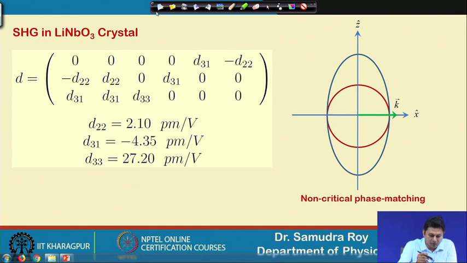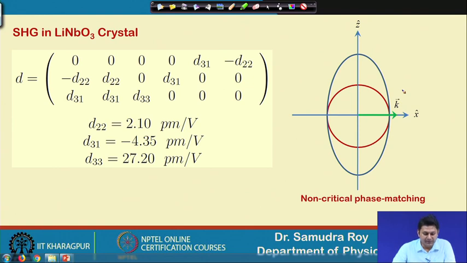Also, one thing I should mention here is that in this particular structure, in a non-critical phase matching system, the k vector is almost in the direction of the x axis. Why I am showing this figure is important, because for the lithium niobate system the refractive index is temperature dependent. So, ordinary and extraordinary refractive indices depend on temperature.